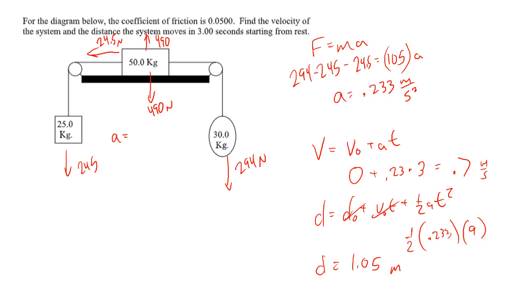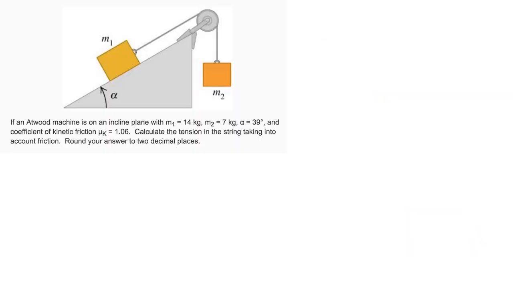I think we got one more to do together. Alright, ramp it up. Does this look familiar at all? Wink, wink. If an Atwood machine is on an inclined plane with M1 is 14, let's write those down. So this is 14, and this is 7. This is 39 degrees.